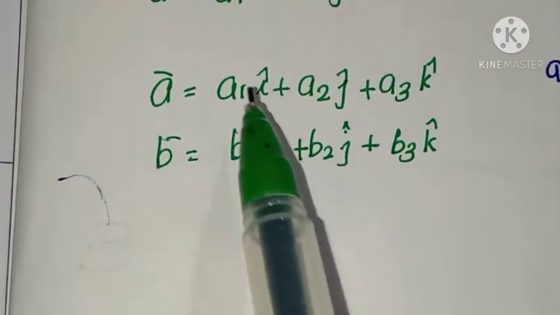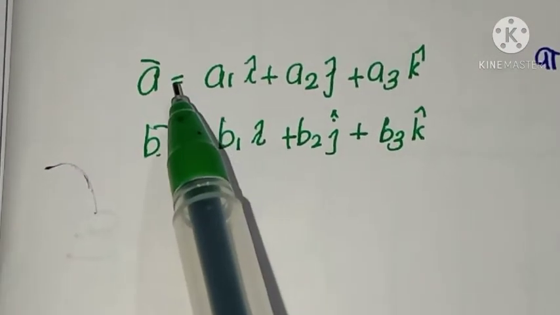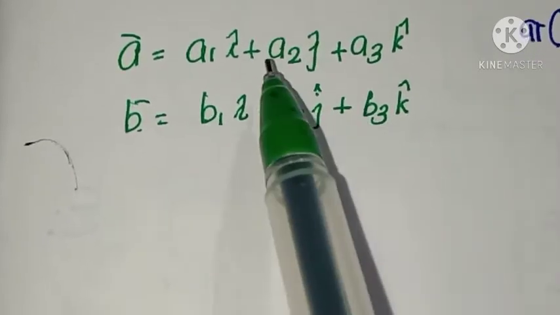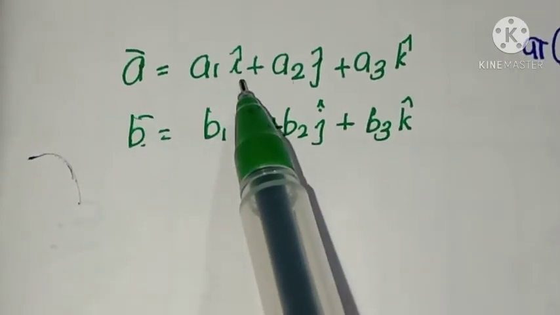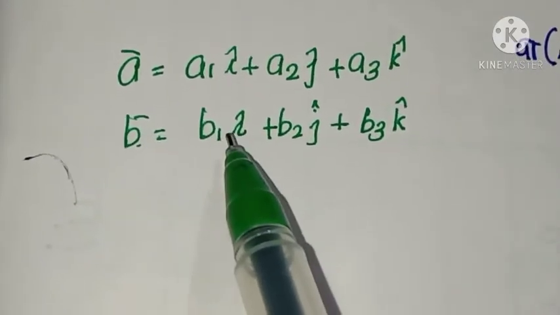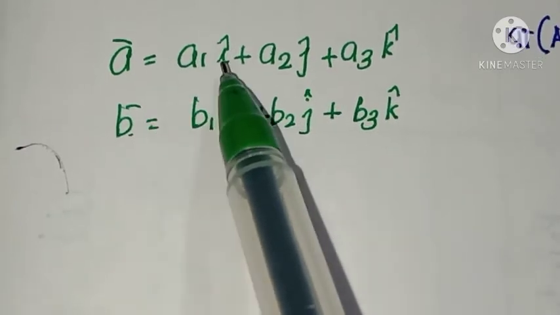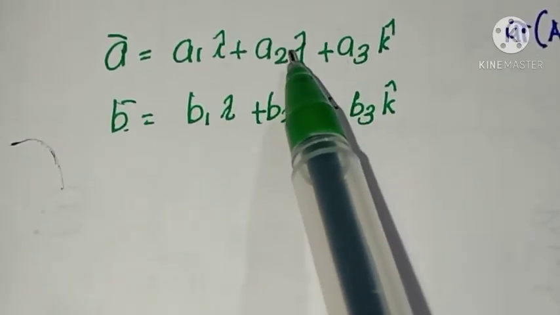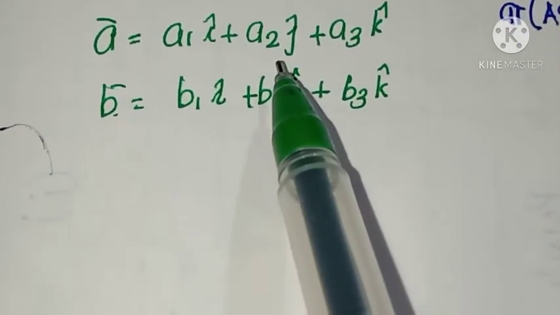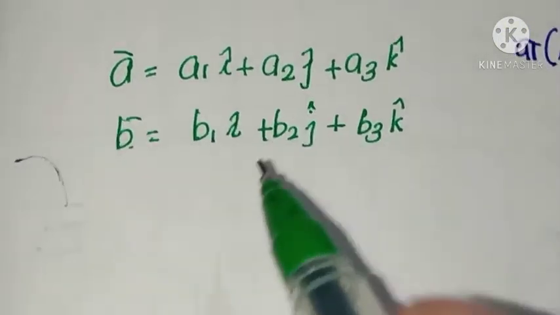Now listen, suppose we have two vectors, vector A and vector B, both in component form. Vector A is equal to a1 i plus a2 j plus a3 k. Vector B is equal to b1 i plus b2 j plus b3 k. So any vector containing i, j, k is in component form.